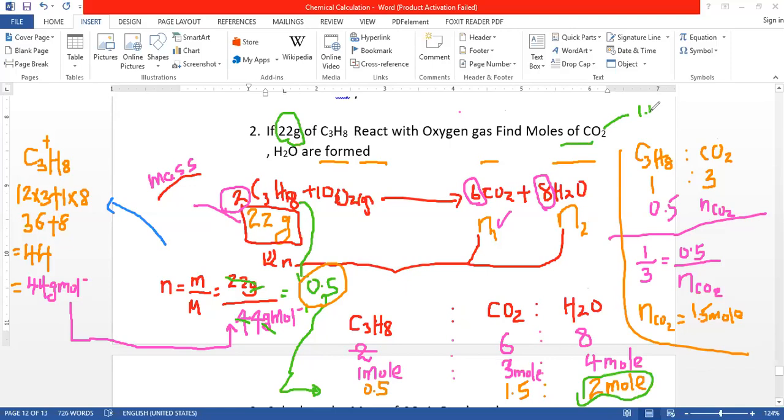Carbon dioxide 1.5 mole. And if you are expert at this calculation, you can do this question within 10 seconds, even 5 seconds.